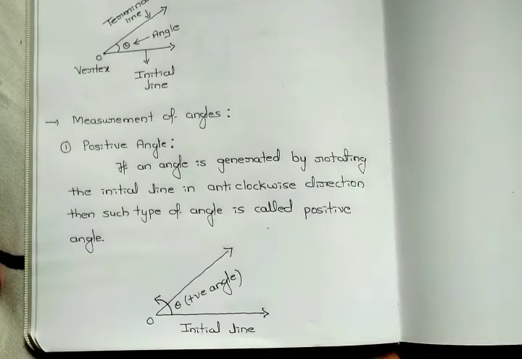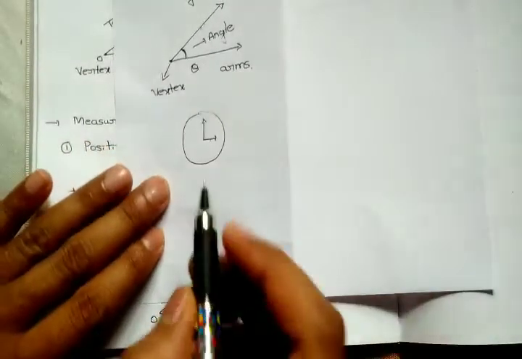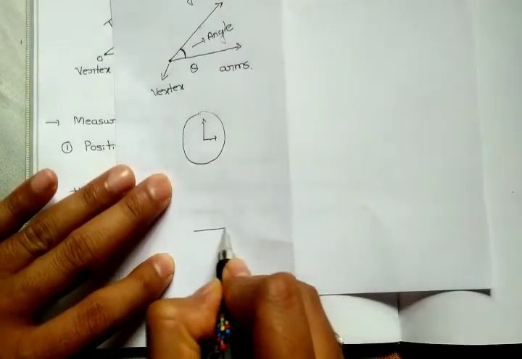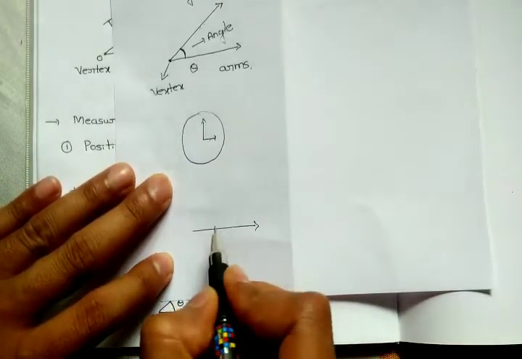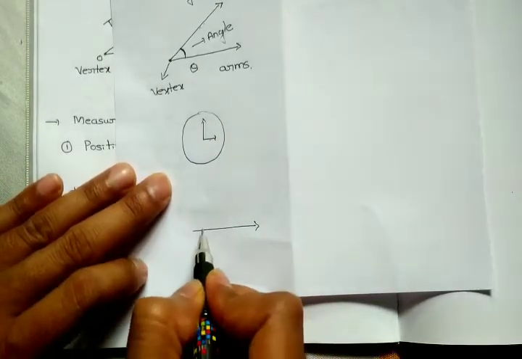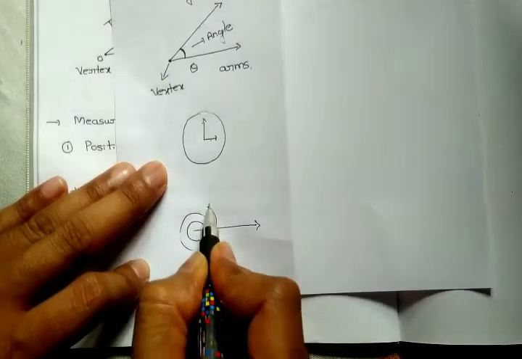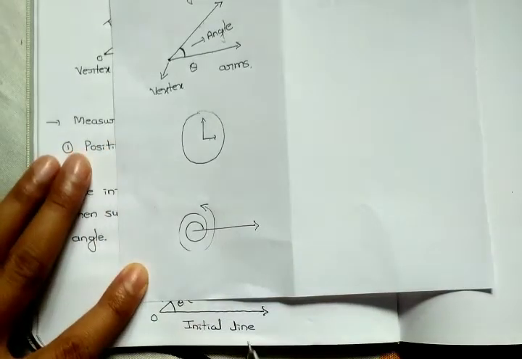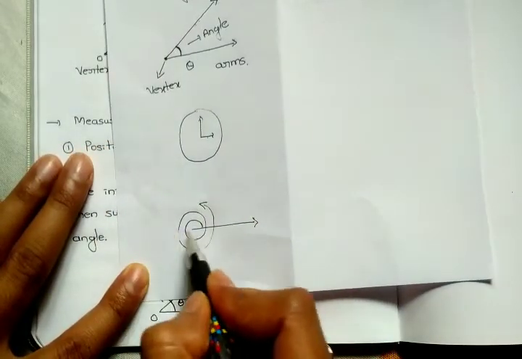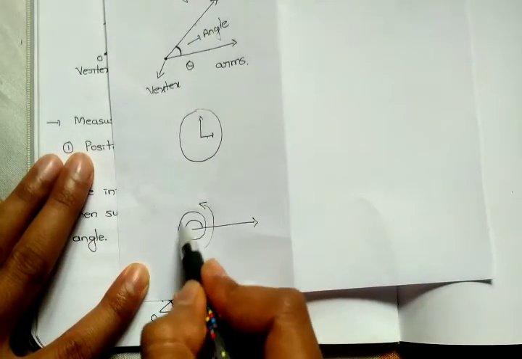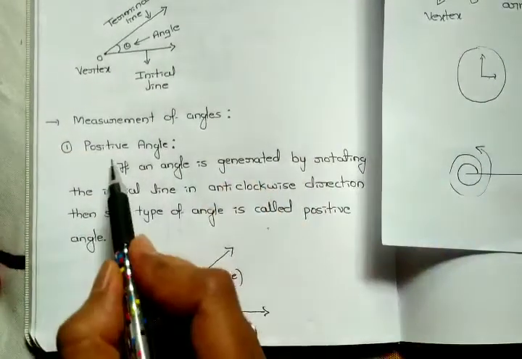If I take one initial line, meaning the starting line, and rotate this line in the anti-clockwise direction, then all the angles generated are going to be called what here?